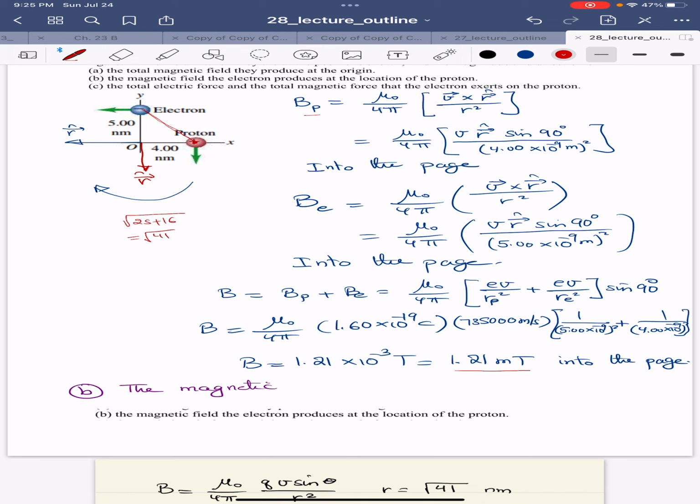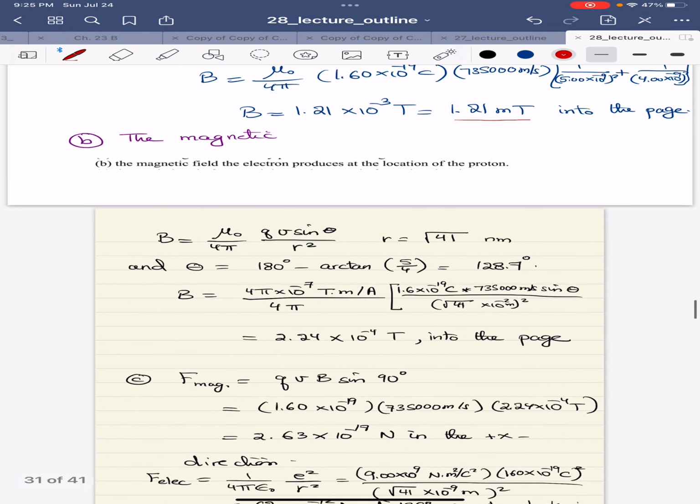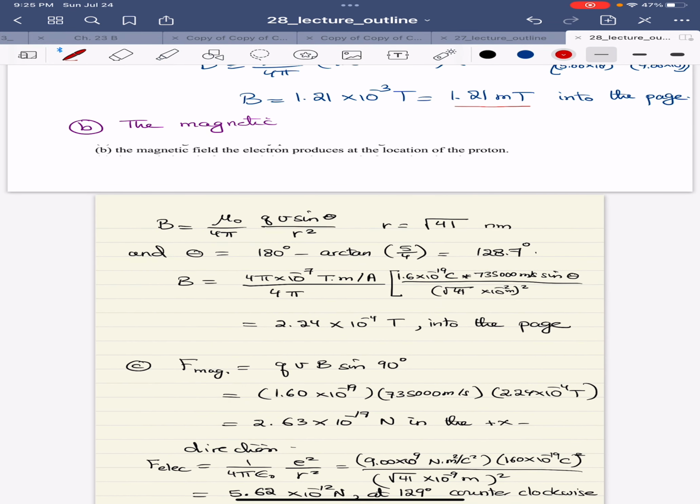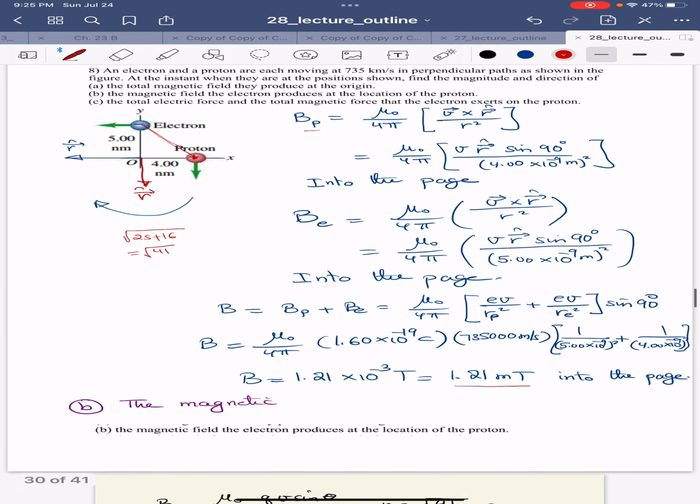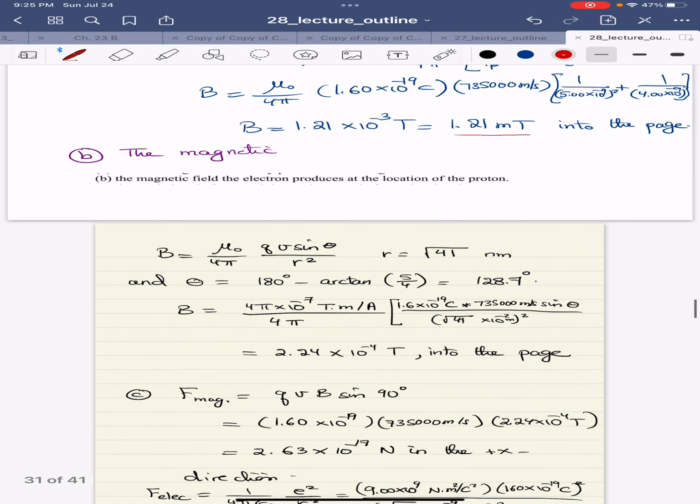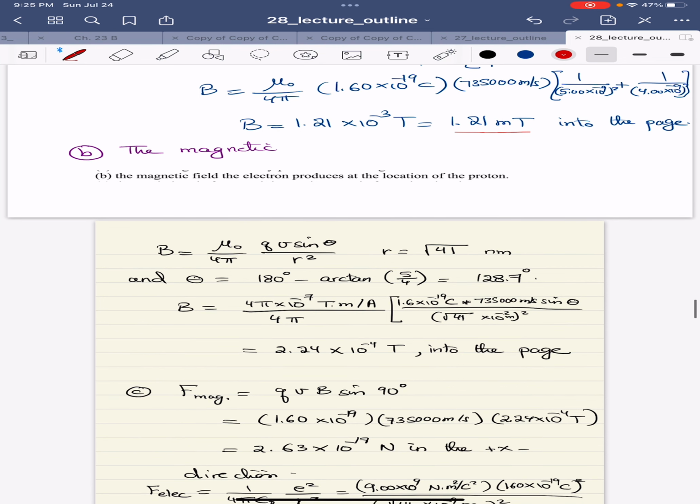Then it is the square root of 41 nanometers. And the angle is going to be 180 minus arctan 5 over 4, and we can calculate the angle as 128.7.